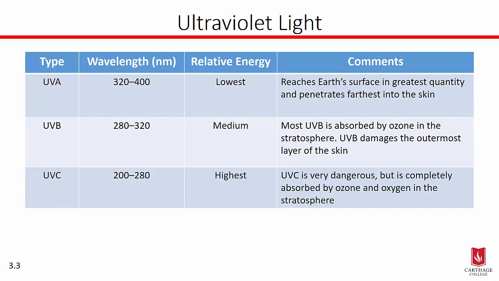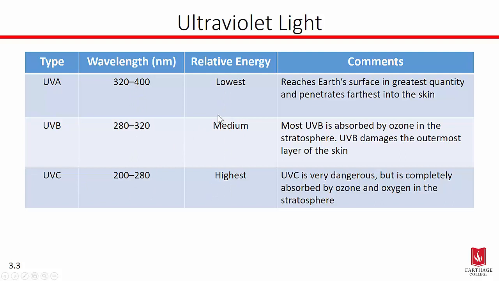If you remember, when we were talking about ultraviolet light, there are three different regions of ultraviolet light, A, B, and C. UVA has the longest wavelength, but also the lowest relative energy. As we go from A to B to C, we go to shorter wavelengths and higher energy.